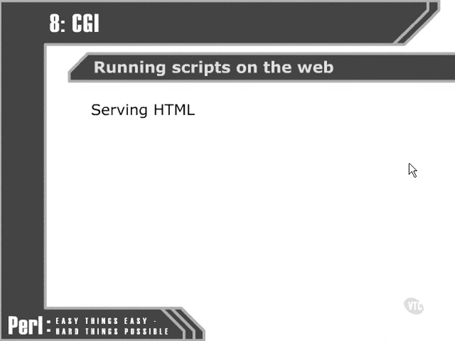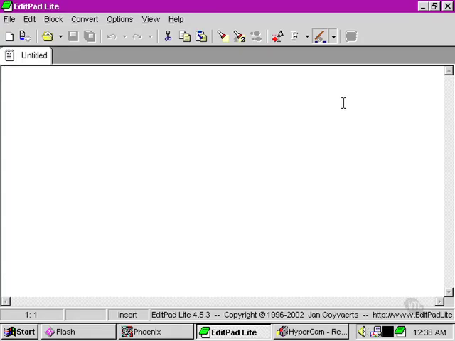First of all, let's look at the absolute basics of how we can serve HTML or any other content via the web. We need to invoke the Perl executable when we work with our scripts. Let's have a look at what this means in terms of CGI scripting.